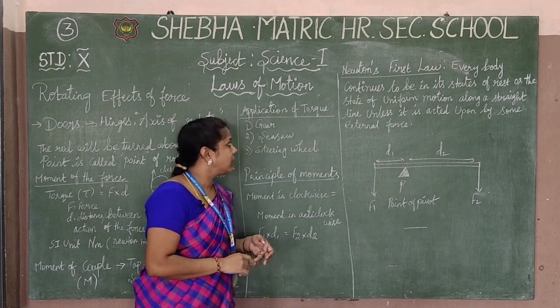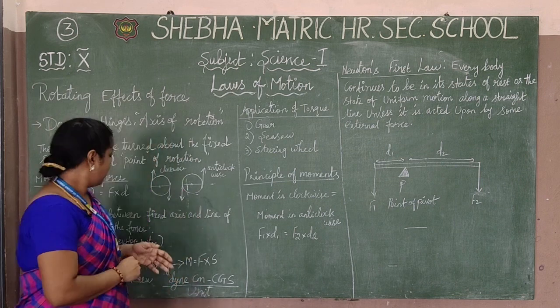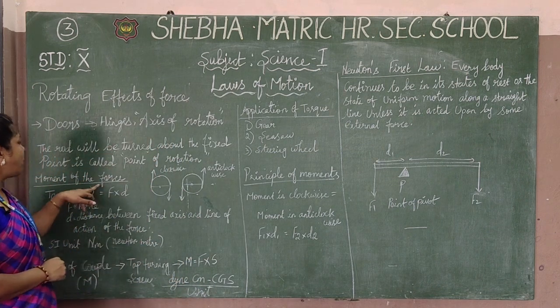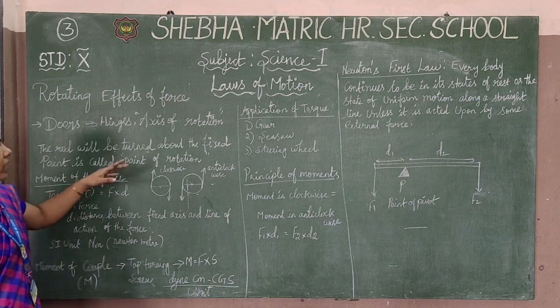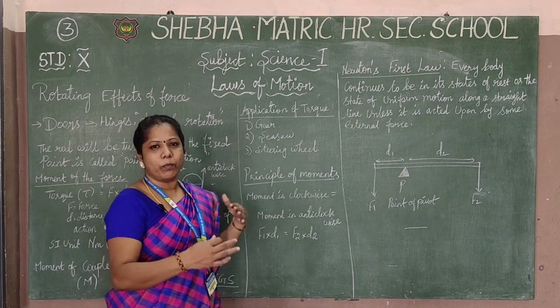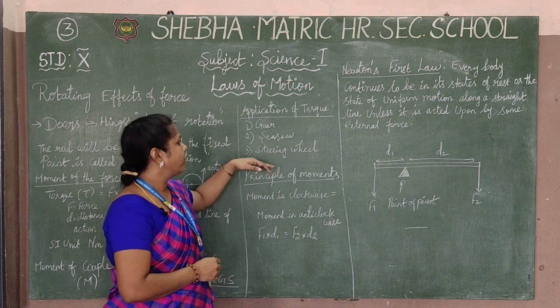I will move on to the next concept, that is the application of torque. So already we have learned about the torque. What is the torque? Moment of force. That is the torque. The symbols also you have to note. The application of torque has so many examples: gear, seesaw, steering wheel.